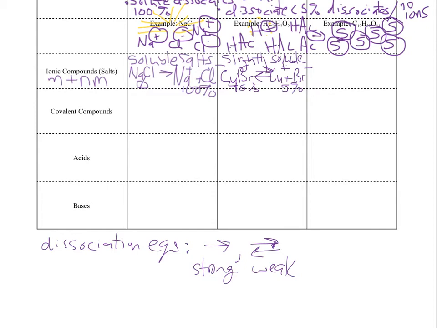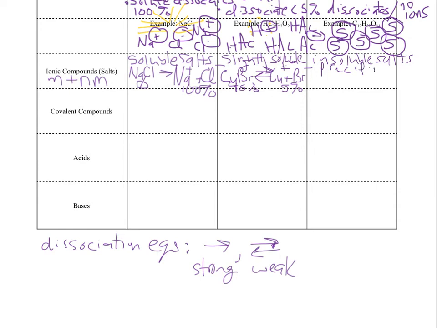You have a few ions in solution here, right? But most of your compound does not dissociate. Okay, and then for salts, when we have non-electrolytes, those are, of course, insoluble salts, also called precipitates.